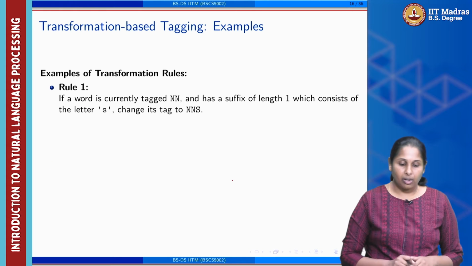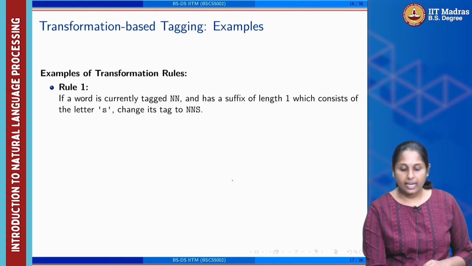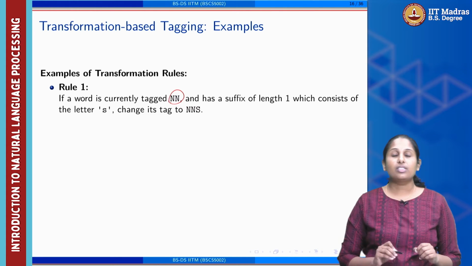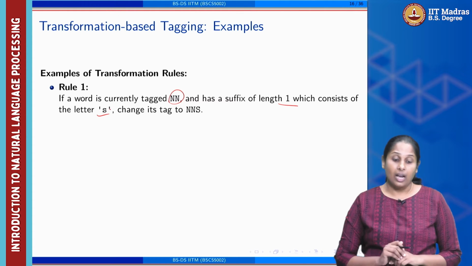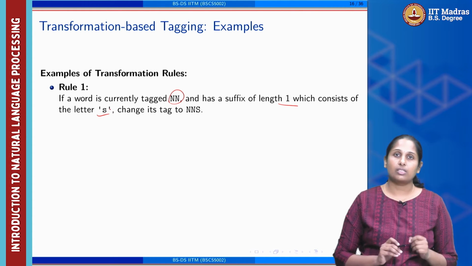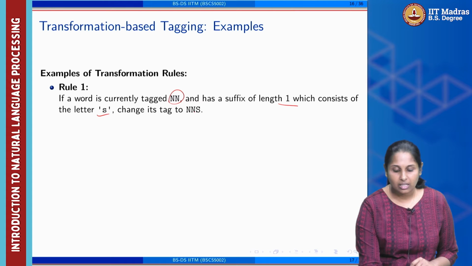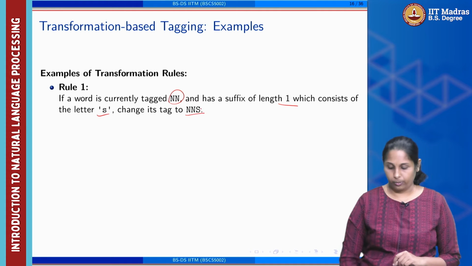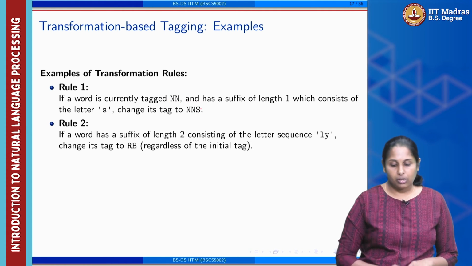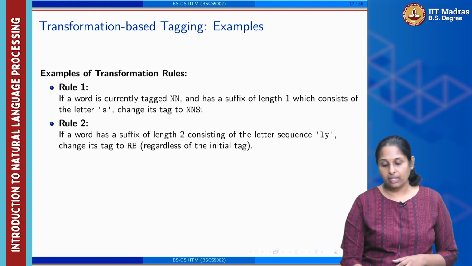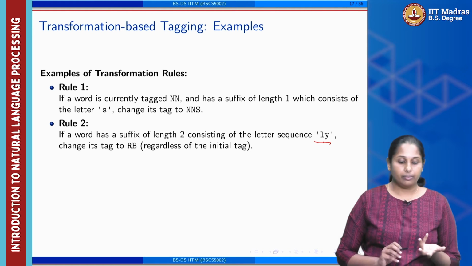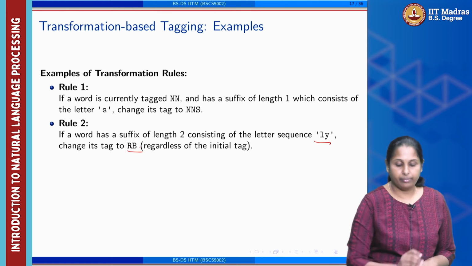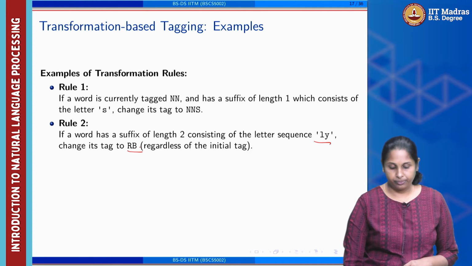So if a word is, let's say, currently tagged as noun and it has a suffix of length 1 with the character S, this change helps us in converting it into NNS, that is the plural form of the noun. Now rule 2 helps us in identifying, let's say, a word that ends with ly. So easily its tag can be changed to RB, an adverb.